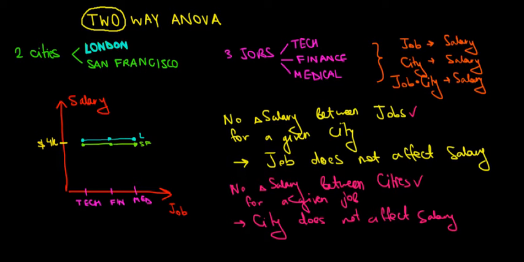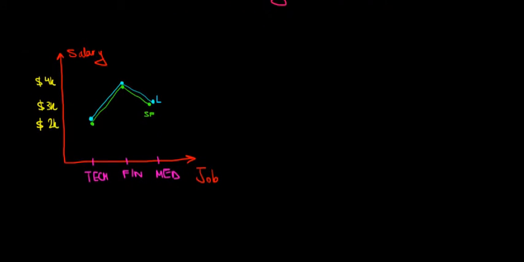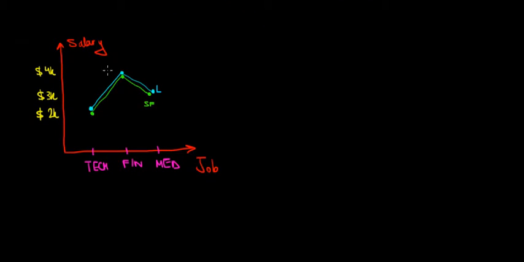Now let's look at another example. Let's look at this graph over here. Again, we have the relationship between salary and jobs. Now what do we notice here? In London, the blue line, the average salary for technology is $2,000, for finance jobs $4,000, and for medical jobs $3,000.